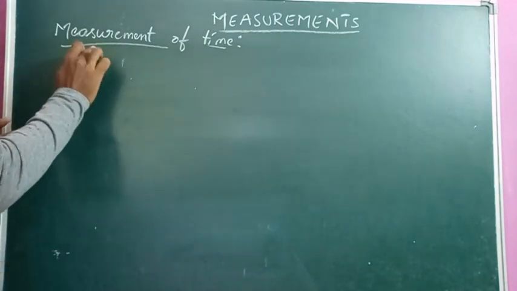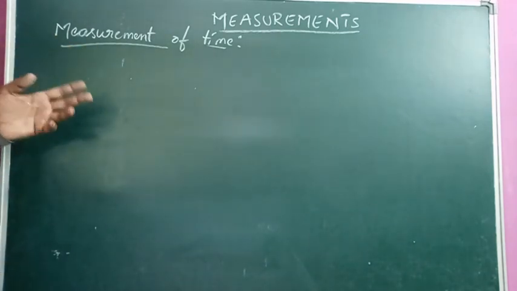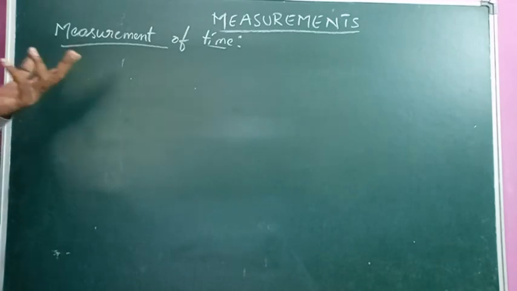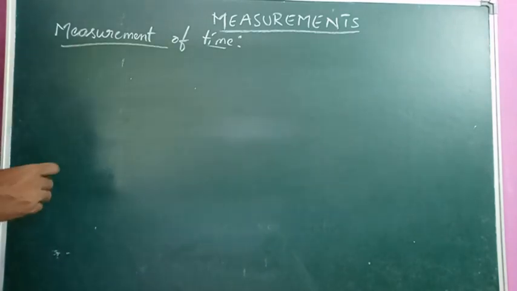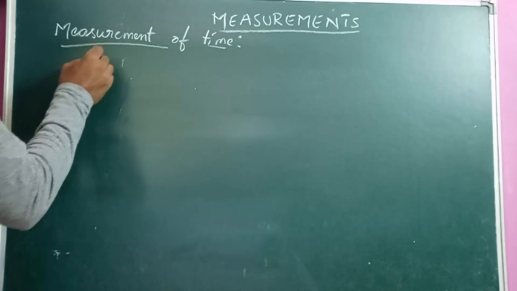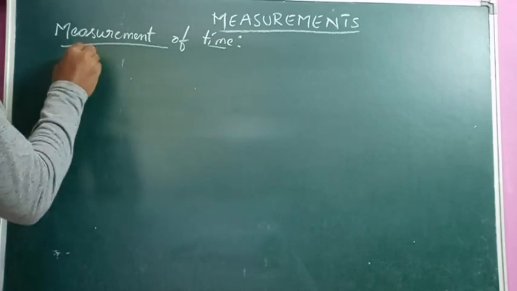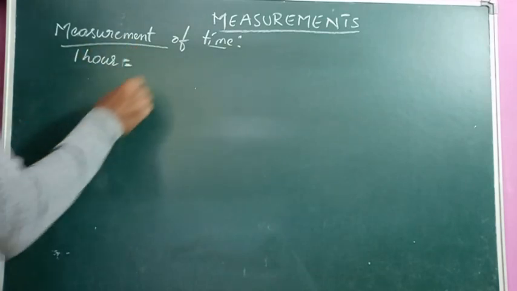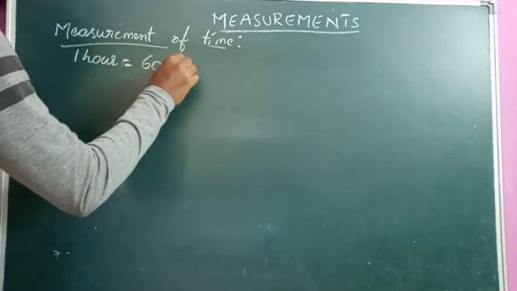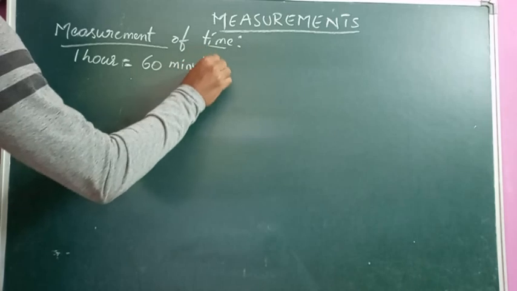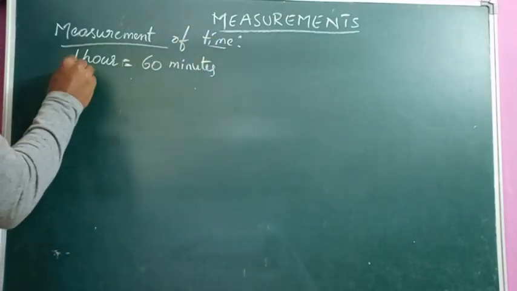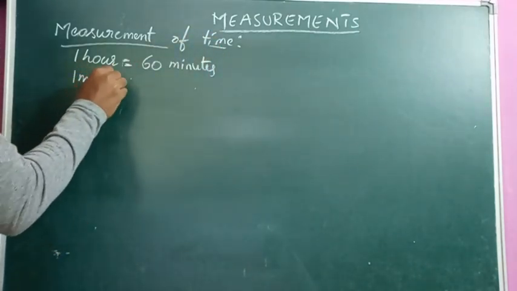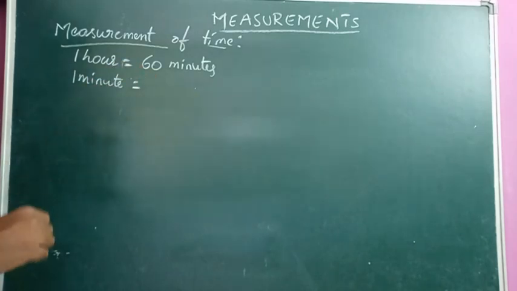Here I am giving you some time unit conversions. Once look at this. As you know, 1 hour is equal to how many minutes? 60 minutes. And 1 minute is equal to 60 seconds.